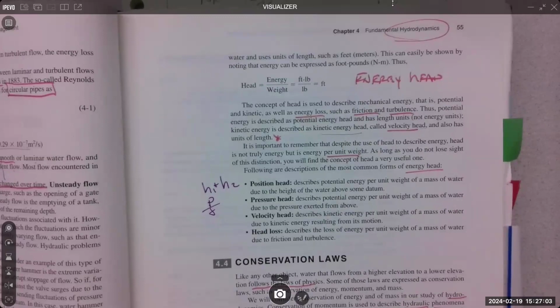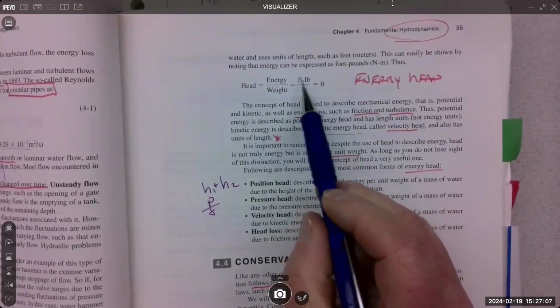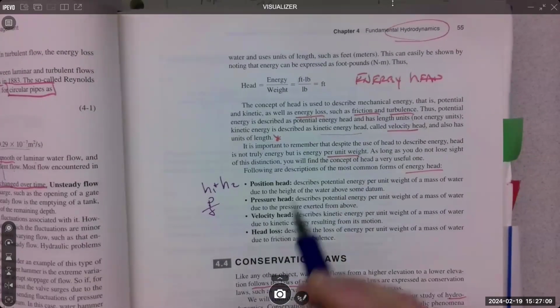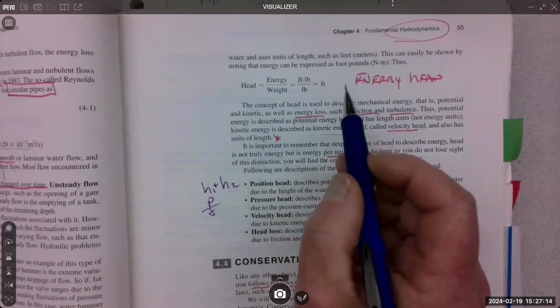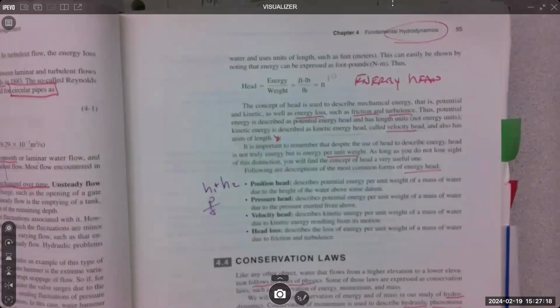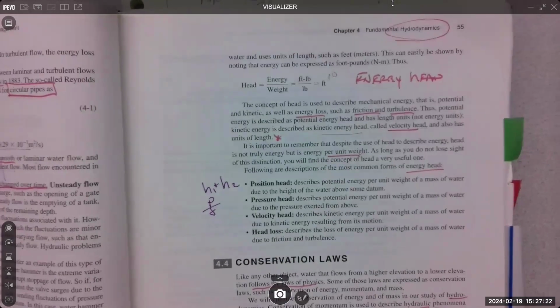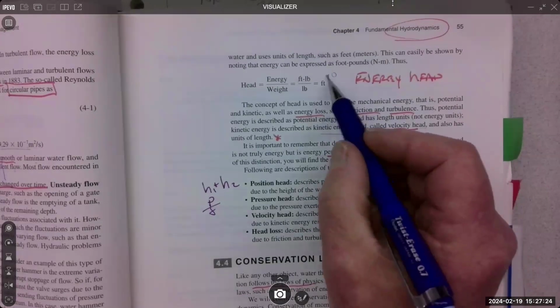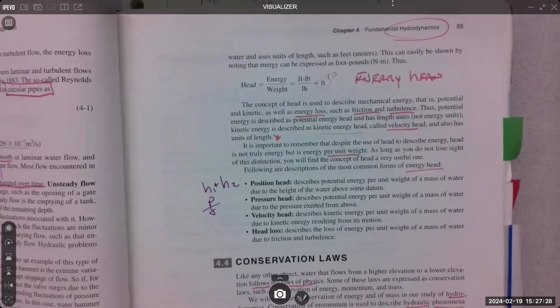So the energy in foot-pounds, meaning that this weight is a certain amount of feet above us, okay? If it's 100 pounds and it's 10 feet up, then we have 100 times 10, that's 1,000 foot-pounds, okay? And if we divide by the pounds, we come back to the 10 feet that I just spoke about, right? So we can quantify energy in the unit of feet, and I'll show you that in a few different areas.